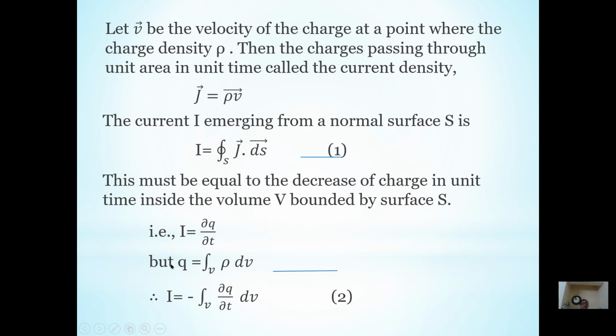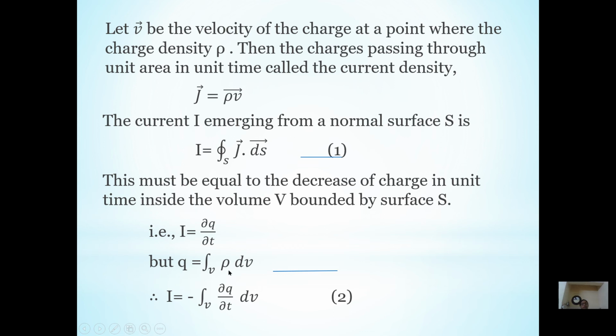But what is Q? Q is the volume integral of rho dV, nothing but the number of charges in the volume. rho dV is nothing but dQ.